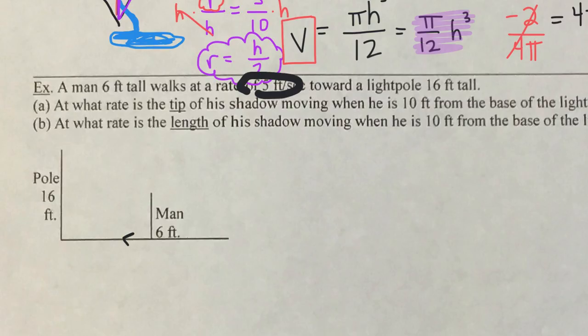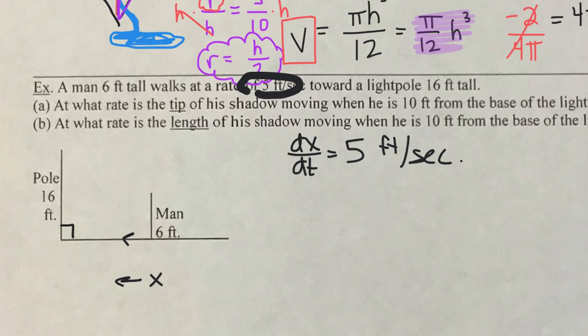Okay, so we'll figure out what variable we want to call that in a minute, but it might be x since that's the horizontal motion. Okay, so if we're going to call this x, then there we go. So dx/dt is 5 feet per second. Makes sense. And the light pole is 16 feet.